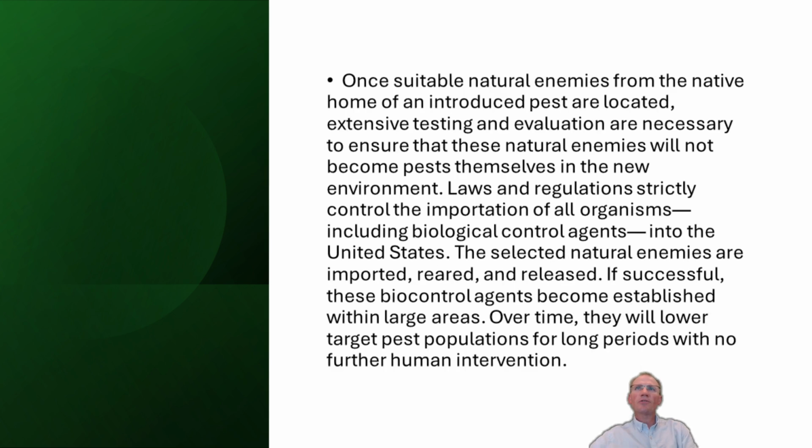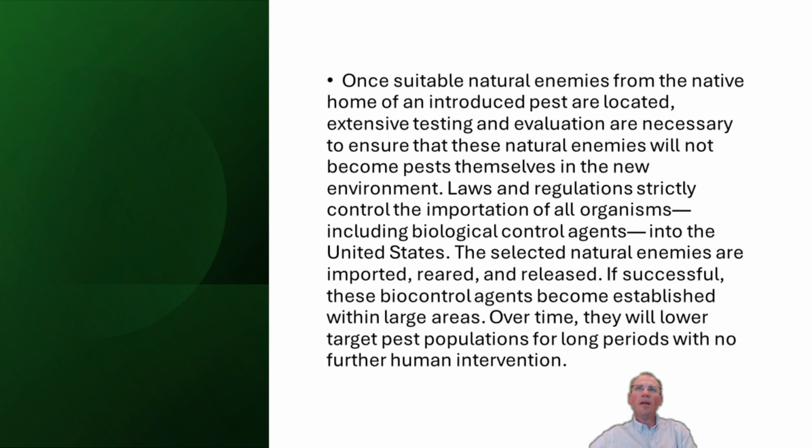Once suitable natural enemies from the native home of an introduced pest are located, extensive testing and evaluation are necessary to ensure that these natural enemies will not become pests themselves in the new environment. Laws and regulations strictly control the importation of all organisms, including biological control agents, into the United States.